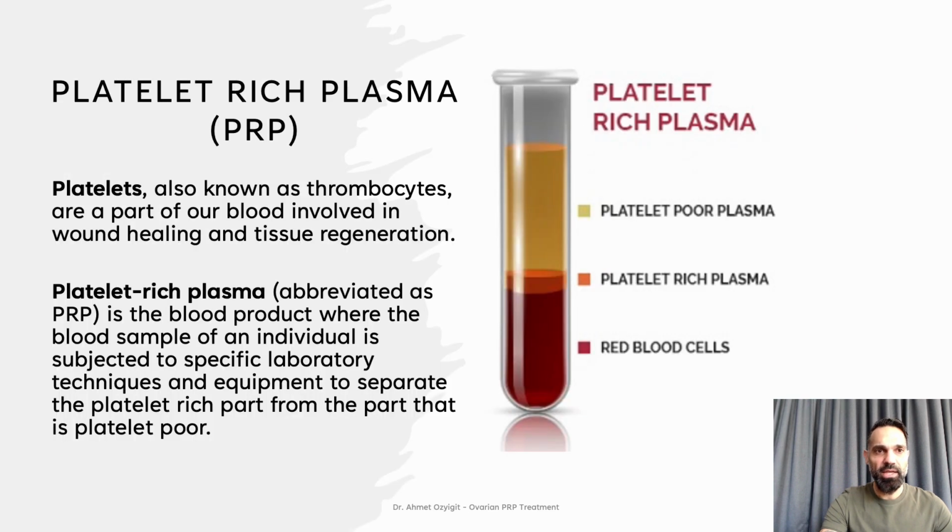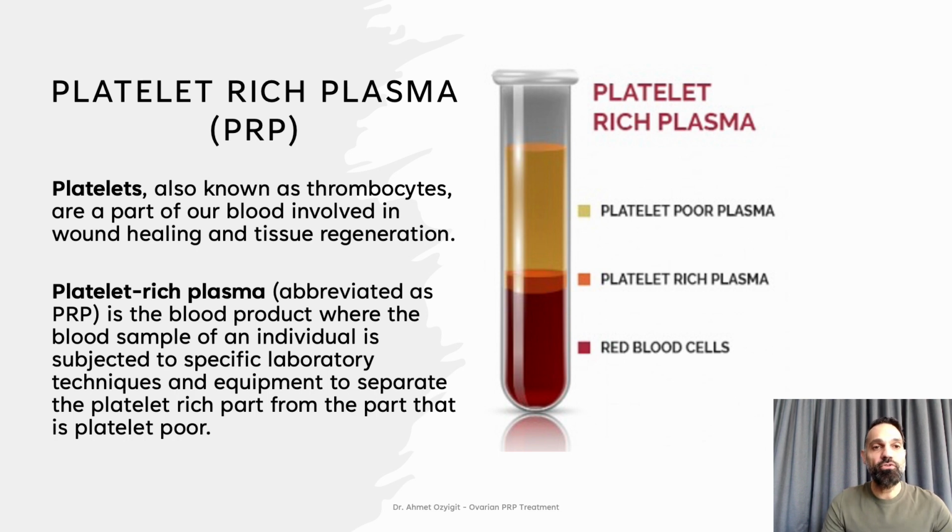So let's get to the function of platelets. Platelet-rich plasma, which is the longer version of PRP. PRP is the abbreviation of platelet-rich plasma. It has come about because of the tissue regeneration effect of the platelets.